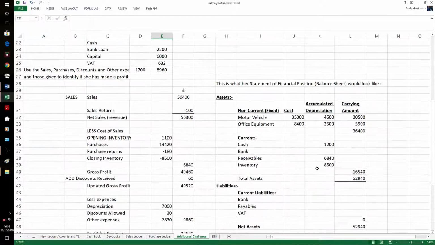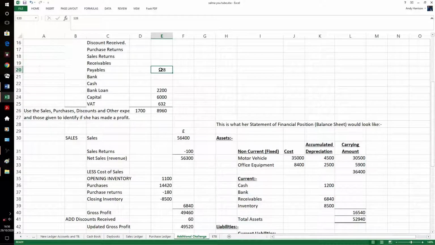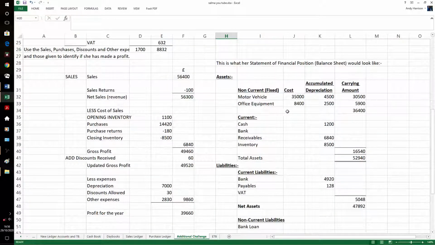Liabilities will bank. She actually owes, if you remember, 4,920. She owes suppliers 128. I remember that one without going back. And she owes HMRC £632, and of course they owed her money at the start.